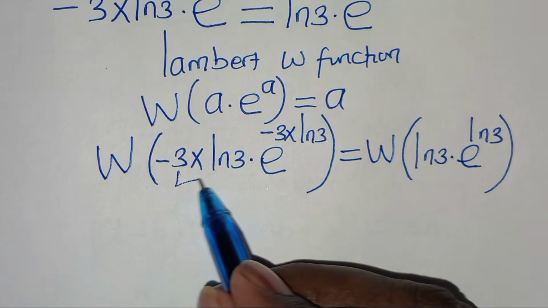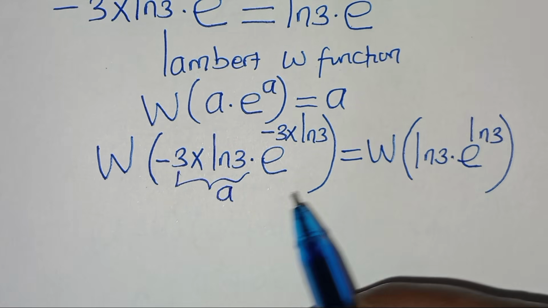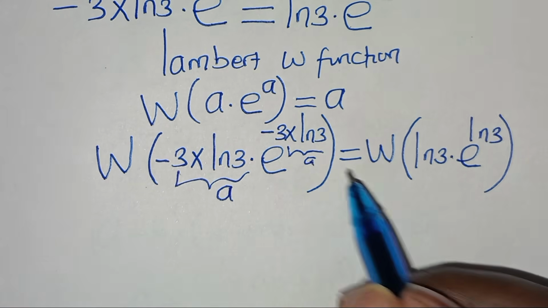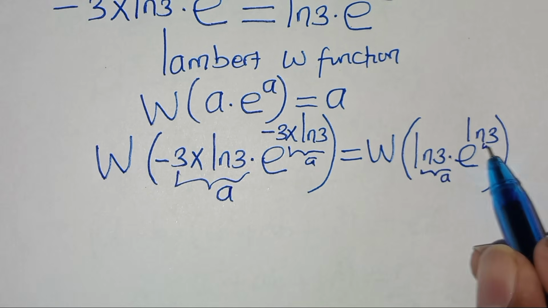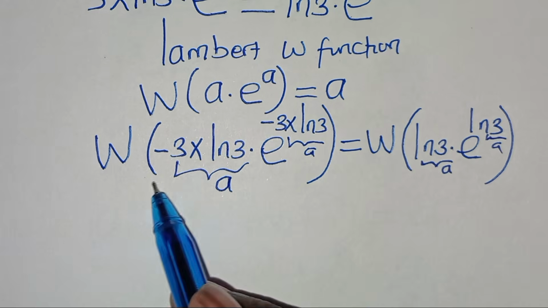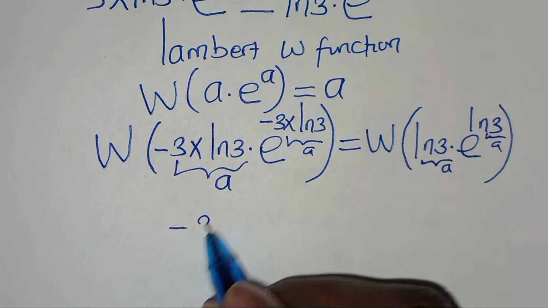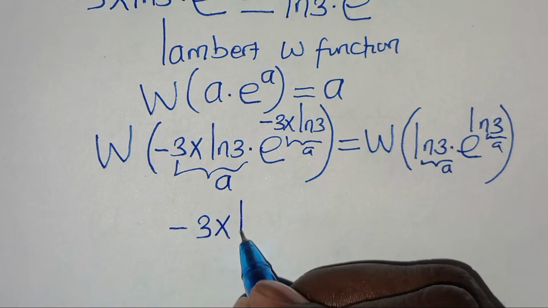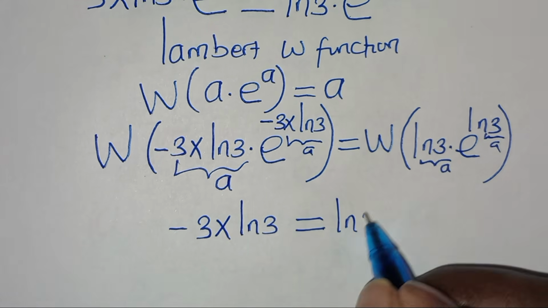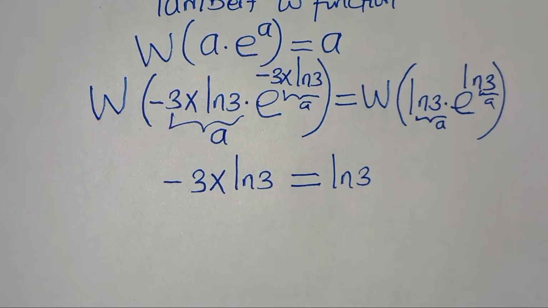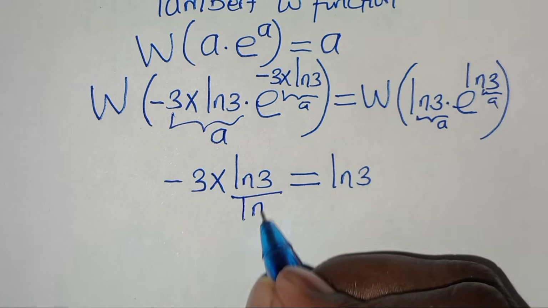So you find that this particular part is the same thing as a, and also this is the same thing as a. On the right hand side, likewise. So on the left hand side, we have minus 3x ln of 3, equal to ln of 3. We can divide both sides by ln of 3.